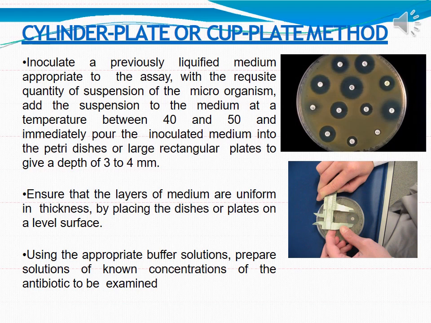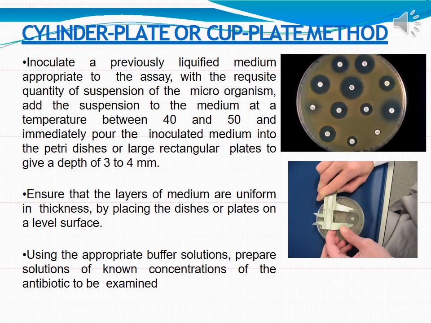Now this petri dish you keep in your incubator for say 24 hours. After 24 hours, obviously the work of the antibiotic is to kill the microorganisms, so you will see a clear region around the cup.